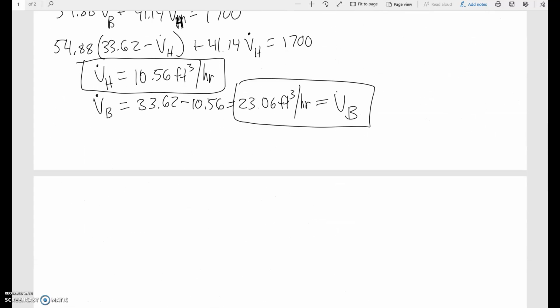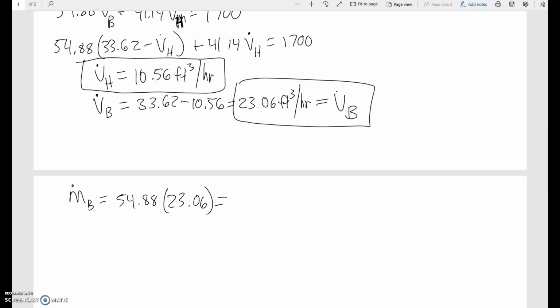Now I know the volumetric flow rate of benzene, so I can say the mass flow rate of benzene is 54.88 times the volumetric flow, which is 23.06. And when I do that math, the mass flow rate of benzene comes out to be 1265.6 pounds mass per hour.